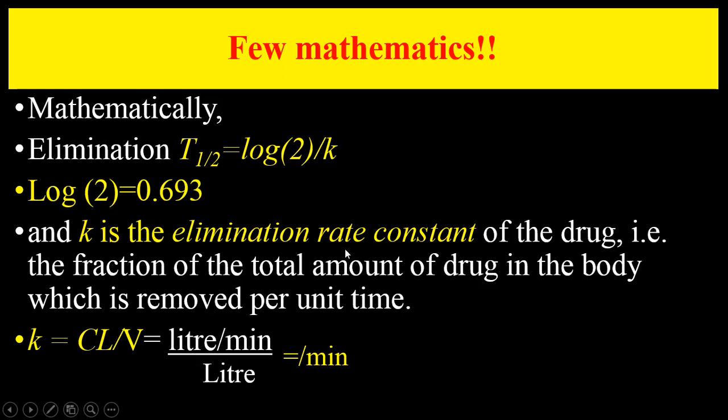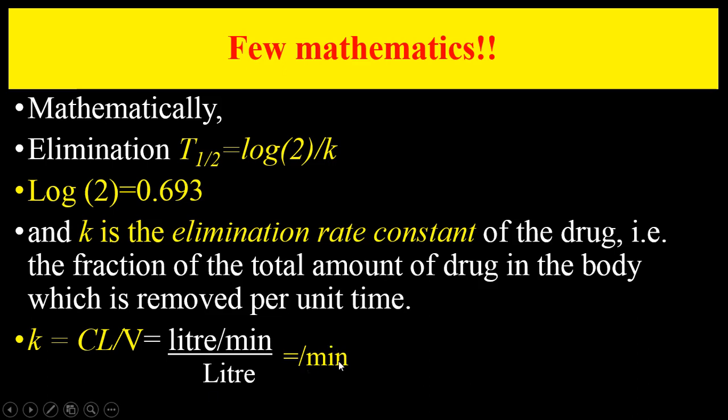Elimination rate constant is the fraction of the total amount of the drug in the body which is removed per unit time. It is a fraction, so it is not given in unit, and it is calculated by clearance, whose unit is liter per minute, divided by liter.